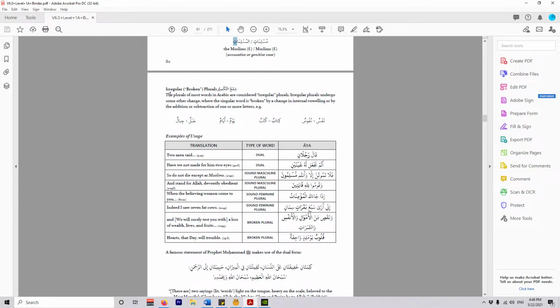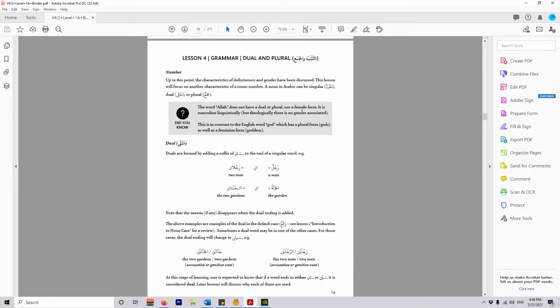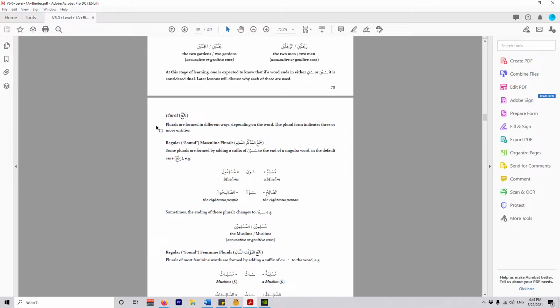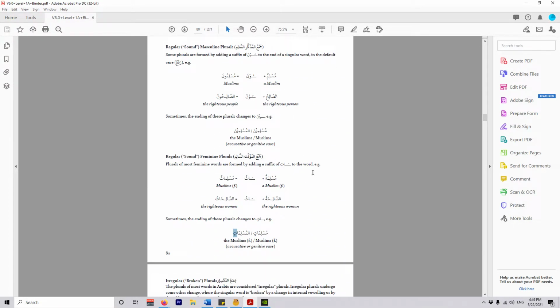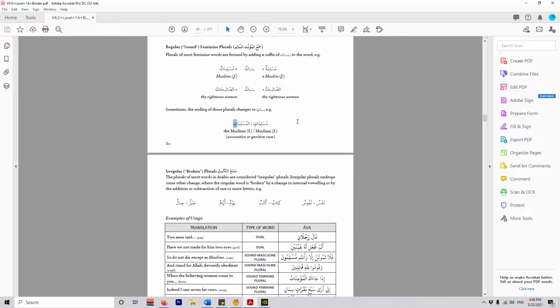And here, the irregular broken plurals is another type of plural in Arabic. These sound plurals here are usually something that's taught in the beginning of most Arabic grammar books because it's, quite frankly, easy to grasp.